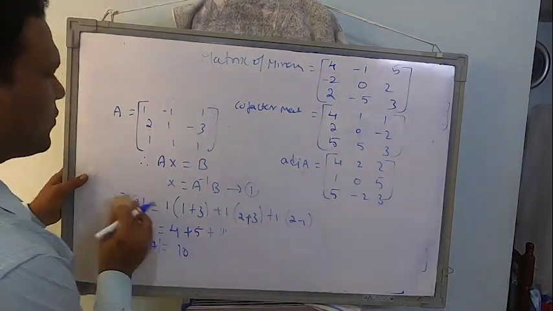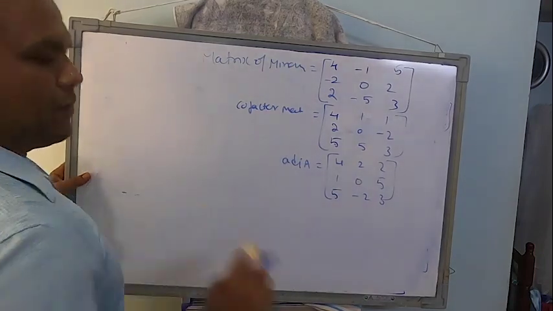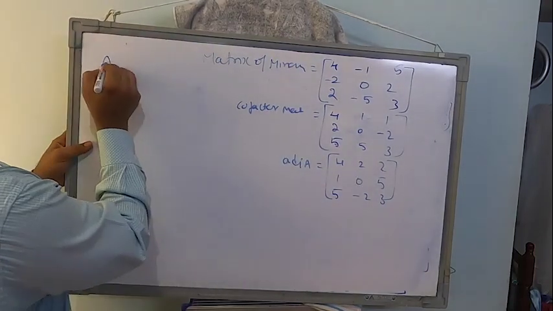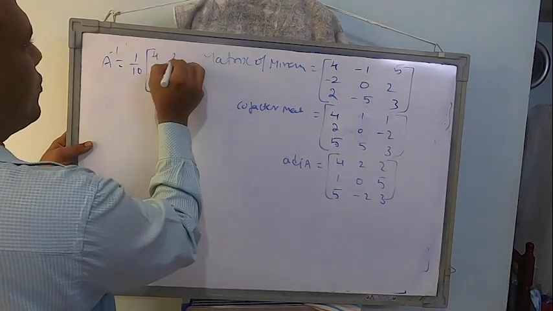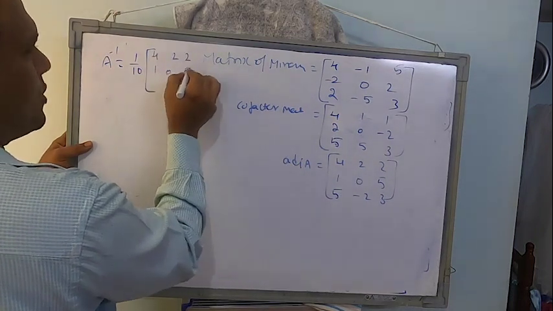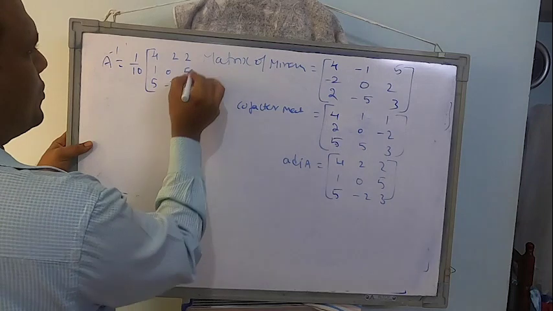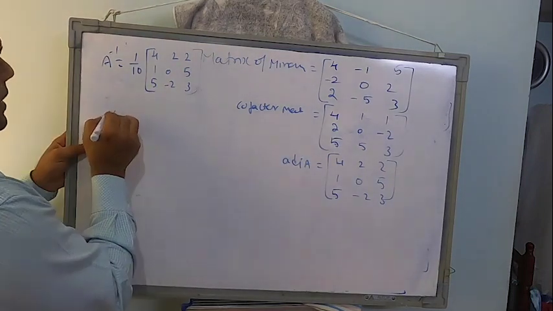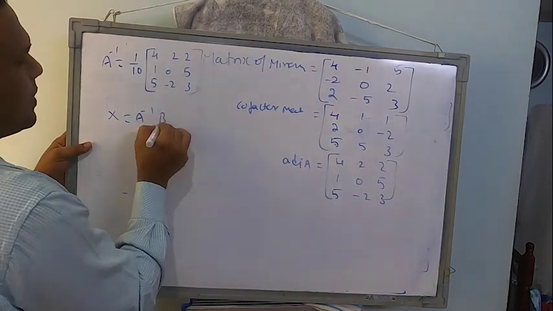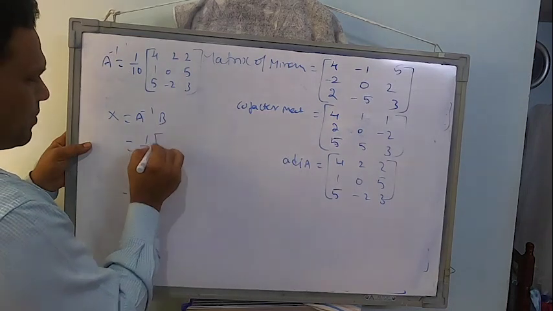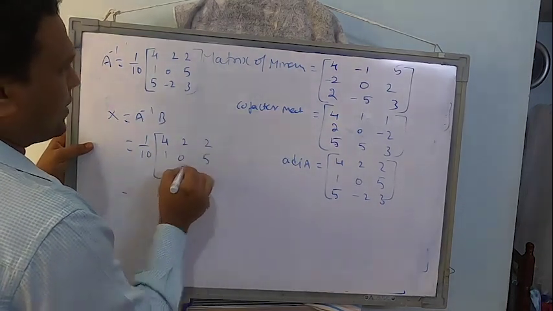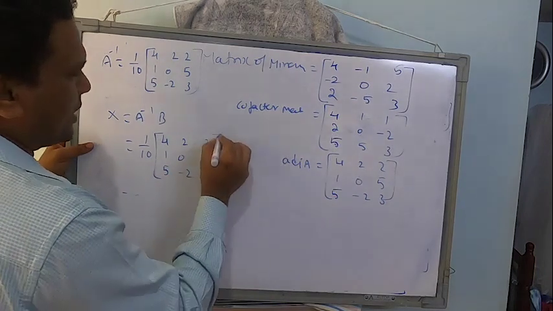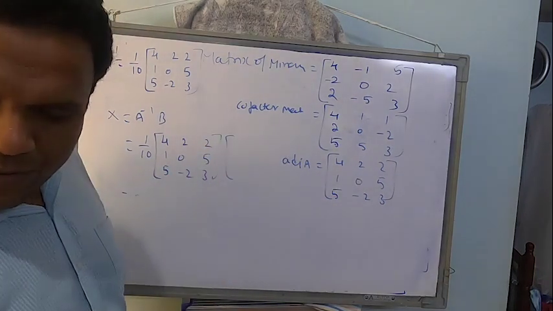So let me continue finding the inverse now. So what's the formula of A inverse? 1 by determinant A multiplied by adjoint: 4 2 2, 1 0 5, 5 minus 2 3. Fine. Okay, therefore X equal to A inverse multiplied by B. So 1 by 10 multiplied by 4 2 2, 1 0 5, 5 minus 2 3, multiplied by matrix B. What is matrix B?